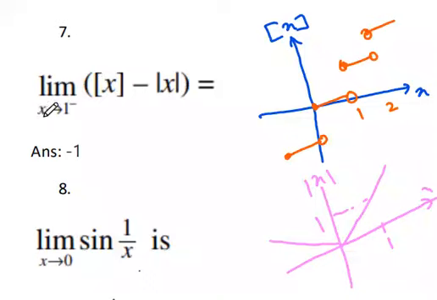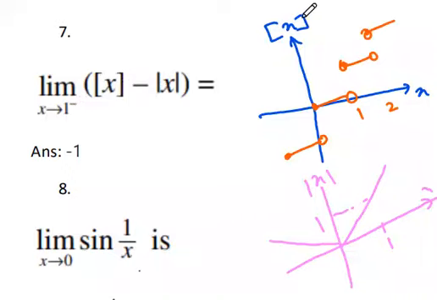So as x tends to 1 from the left hand side, the limit of this function is equal to the limit of this one minus the limit of that, right? So what is the limit of this as x approaches 1 from the left hand side? Let's find that first.